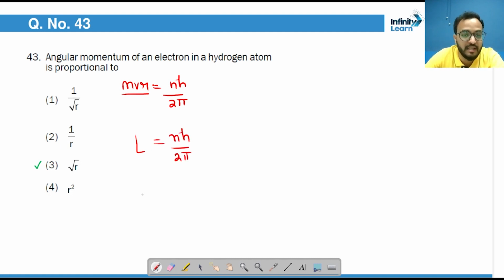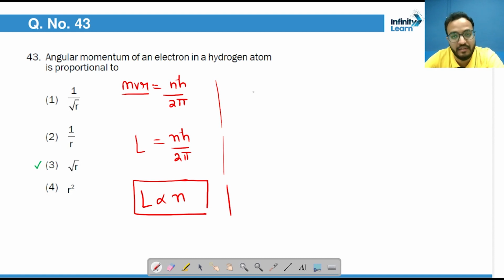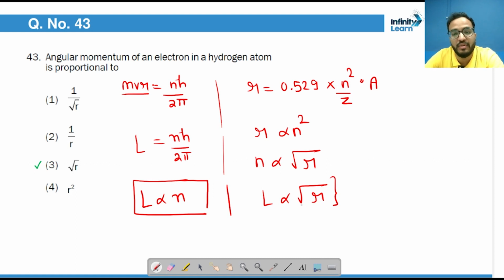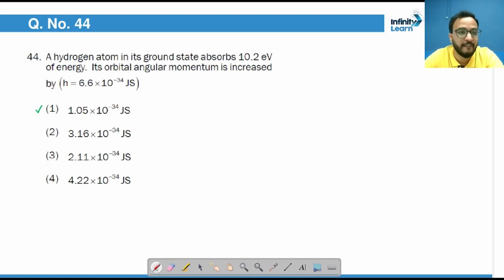So it is technically directly proportional to n. Now does n have any relationship with r? You will say yes, sir. R is equals to 0.529 into n square by Z angstrom. So technically R is directly proportional to n square, or n is directly proportional to root r. So angular momentum is directly proportional to root r. This is how they are looking to solve this question.